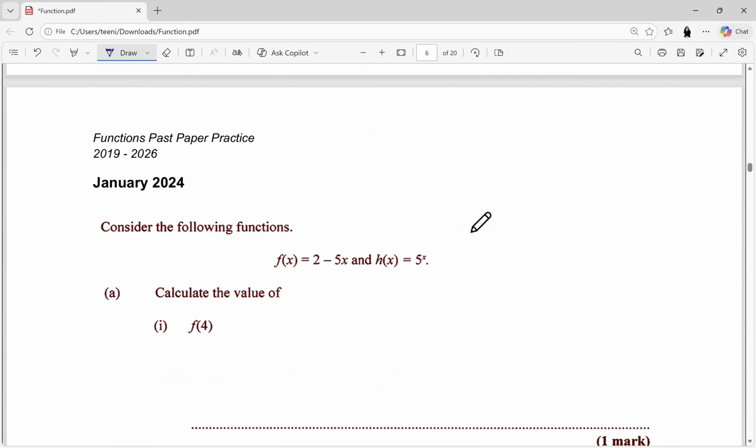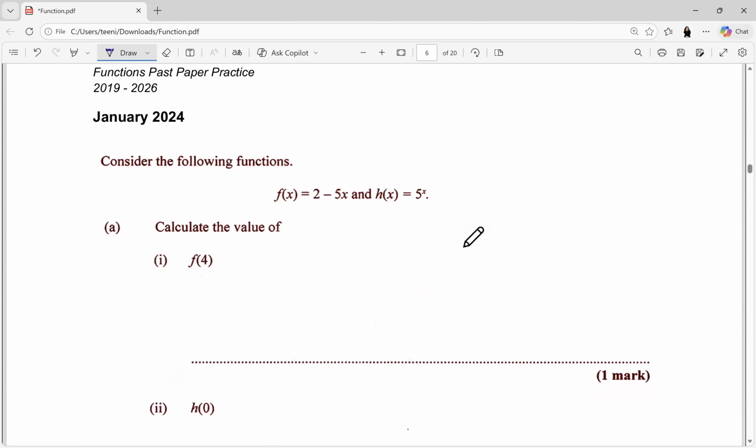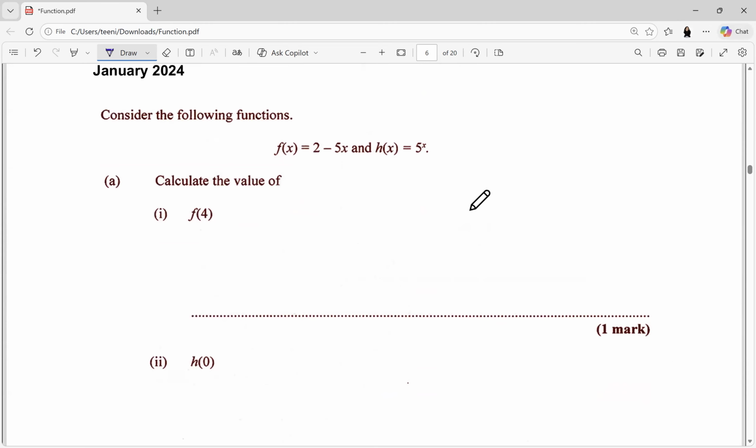January 2024: f of x is equal to 2 minus 5x, and h of x is equal to 5 to the power of x. To find the value of f of 4, I think everybody would be able to do this by now. f of 4 means we're replacing x with 4.